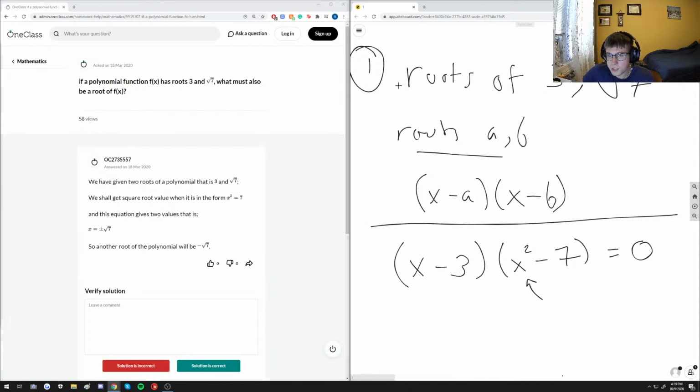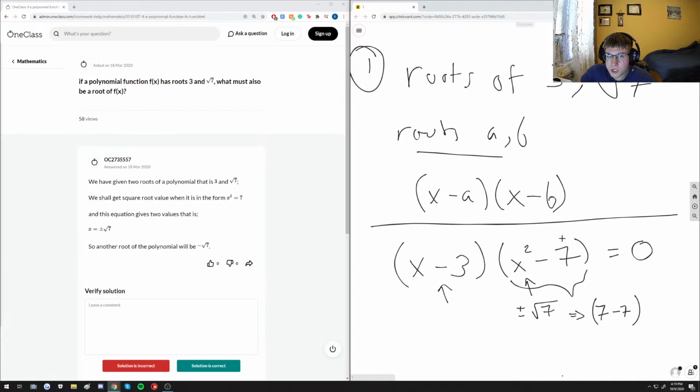And what the question is asking is what must also be a root of f of x. So we know that 3 is definitely a root resulting from this term. What we also can realize right here is that whether we plug in positive or negative root 7, this term still becomes 7 minus 7 at the end of the day.